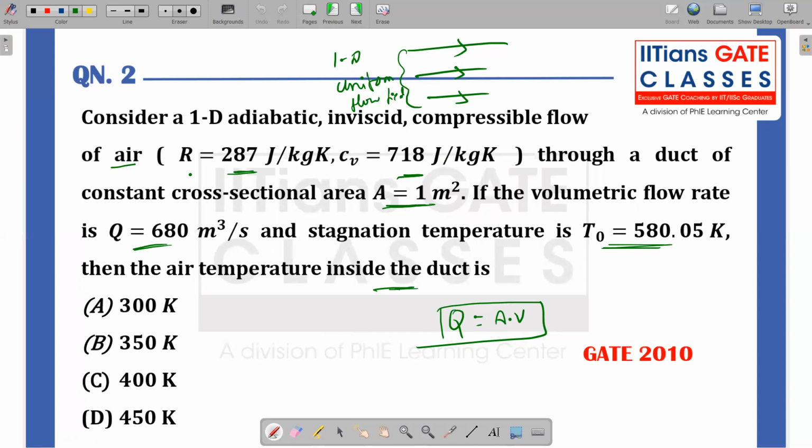So the static temperature comes out to be 350 Kelvin.